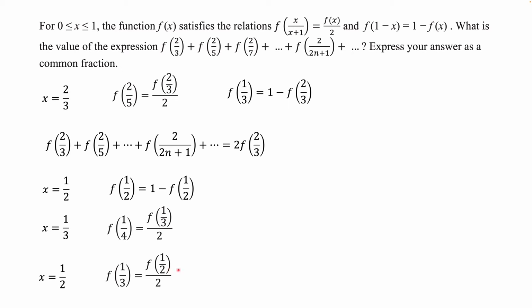F of 1/2 is a half, so the answer is 1/4. Now I know f of 1/3, so I can calculate f of 2/3, right? And now I know what this sum is, because I have the value for 2/3. And that is 3/2, or 1 1/2.